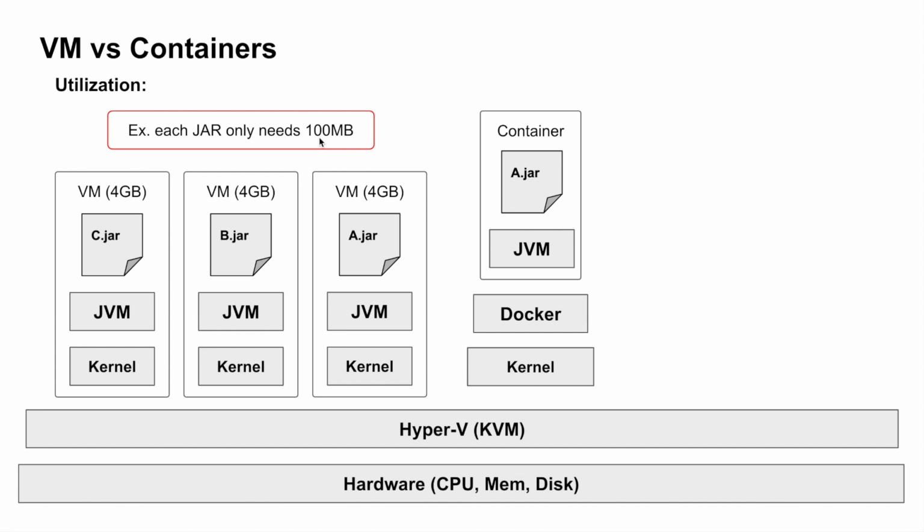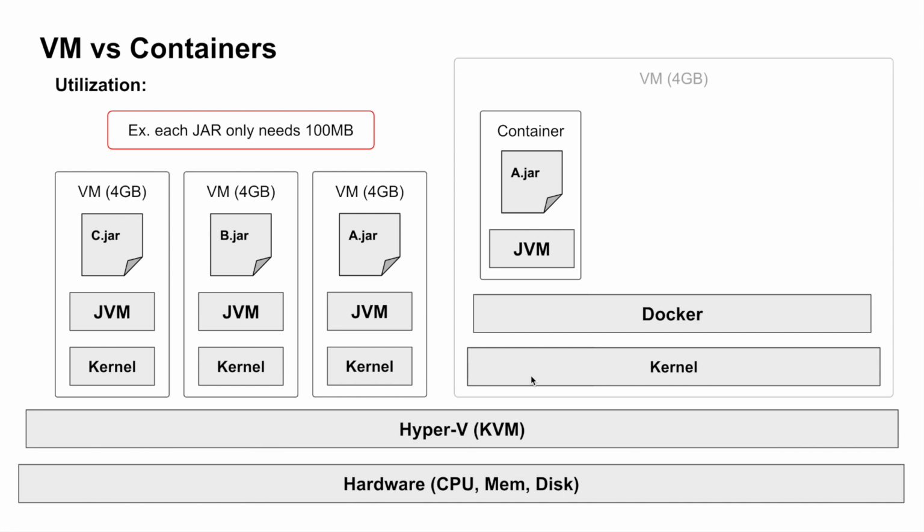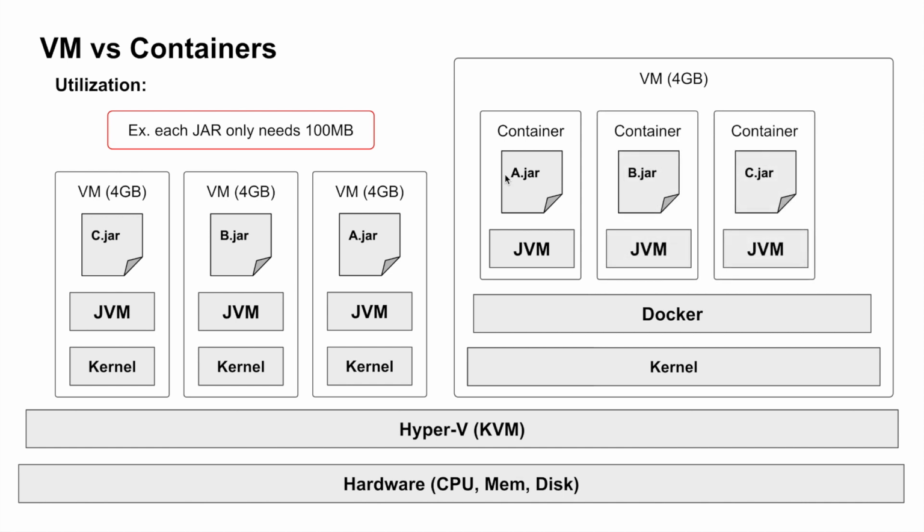With containers, I can avoid this issue since containers are able to share the same OS and essentially the same virtual machine. So if I have a.jar running on a virtual machine that has 4 gigabytes of memory and a.jar only needed 100 megabytes, then to start up B and C, I can just start them up on the same machine.